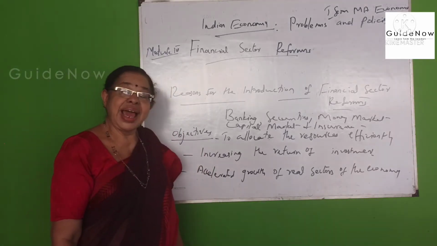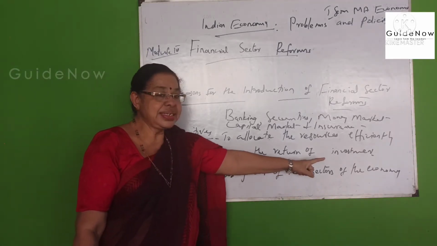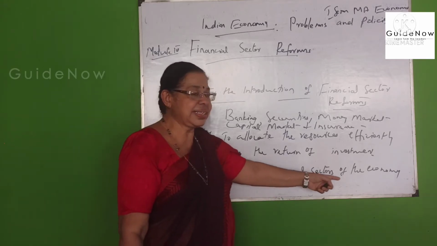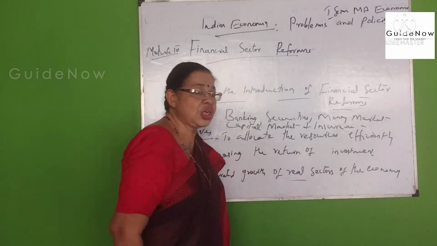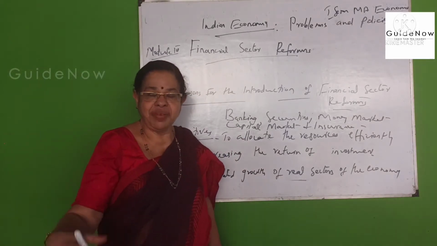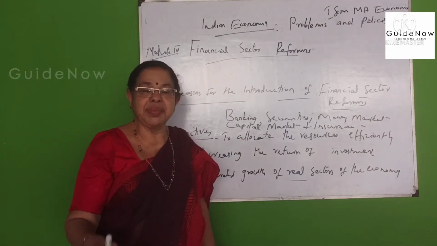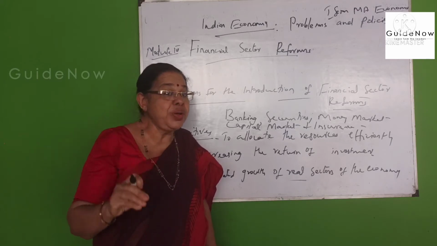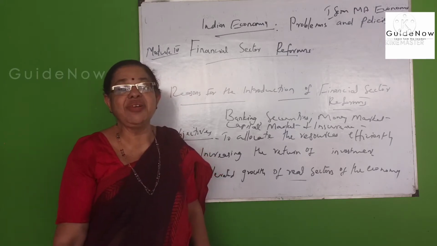And third is to accelerate the growth of the real sectors of the economy. Real sectors show the increase in GDP. What is GDP? That is national income: the market value of all goods and services produced in a country during a given period of time.